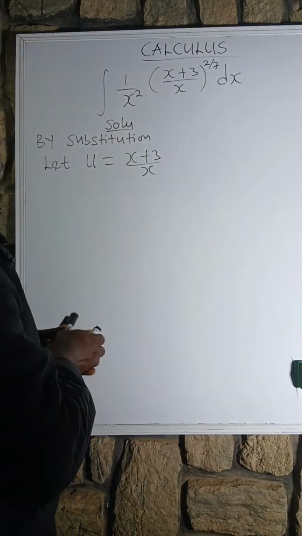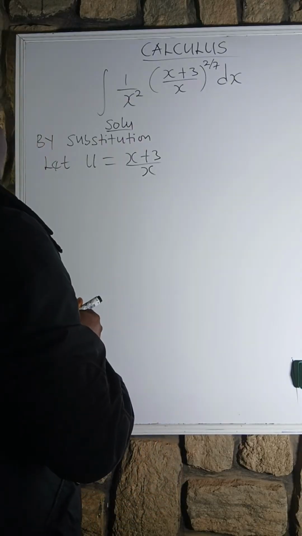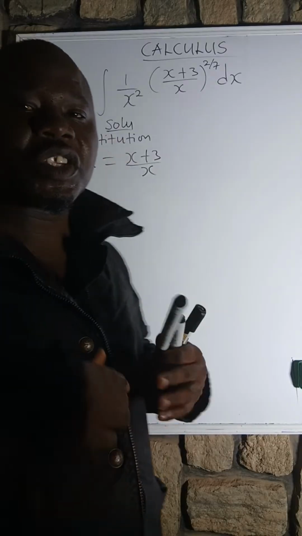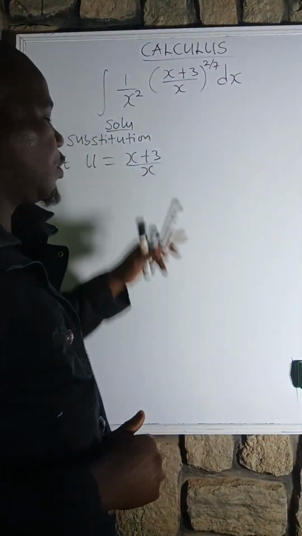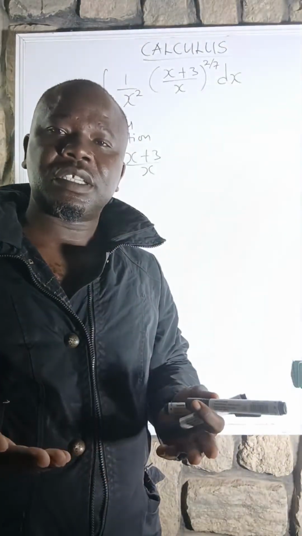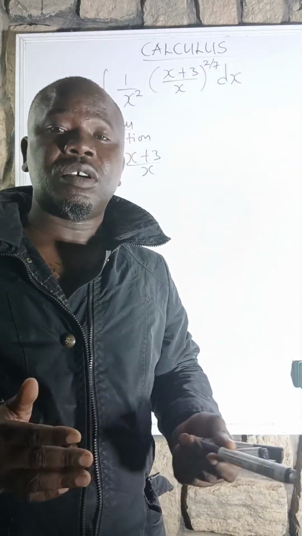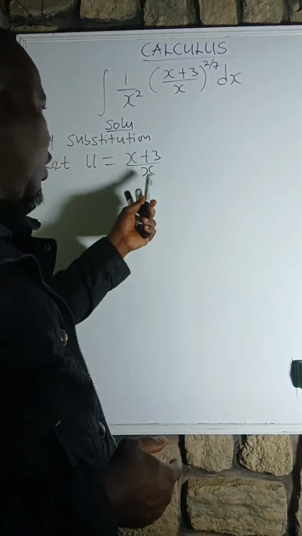So if you agree with me, this implies that we want to differentiate this function with respect to x. This will lead us to employ what is called the quotient rule, true or false? We will apply the quotient rule.